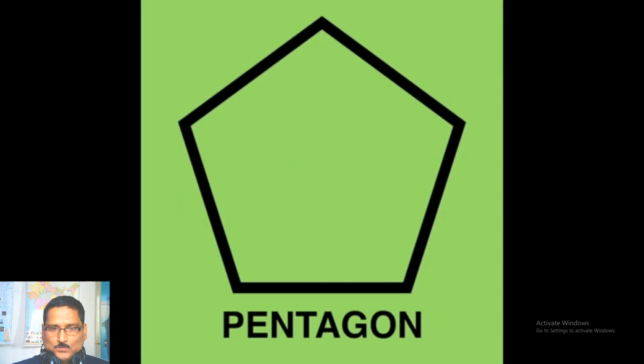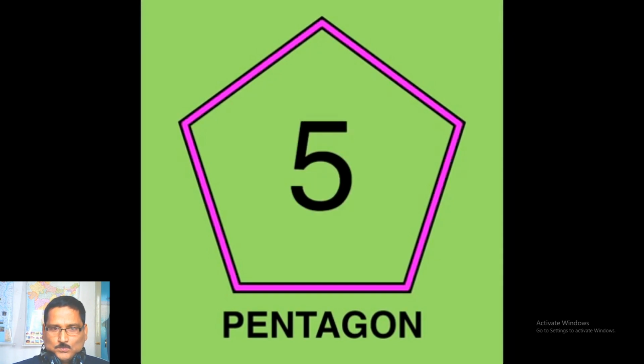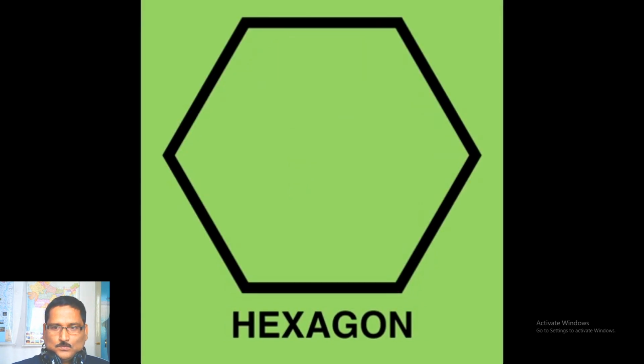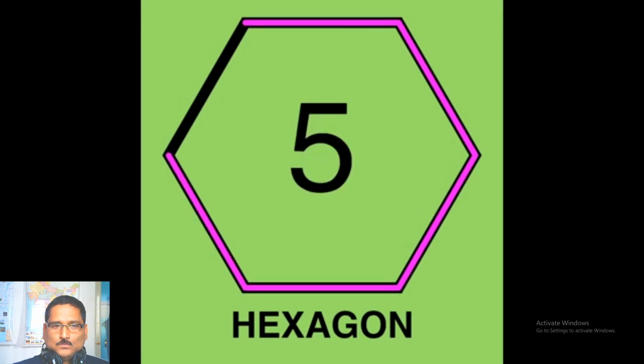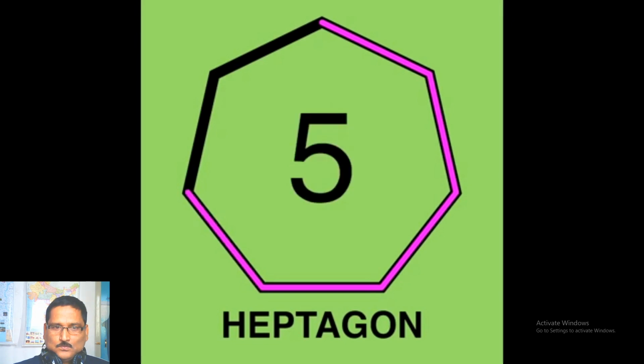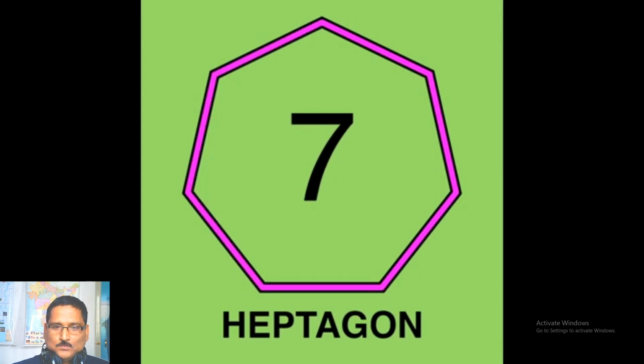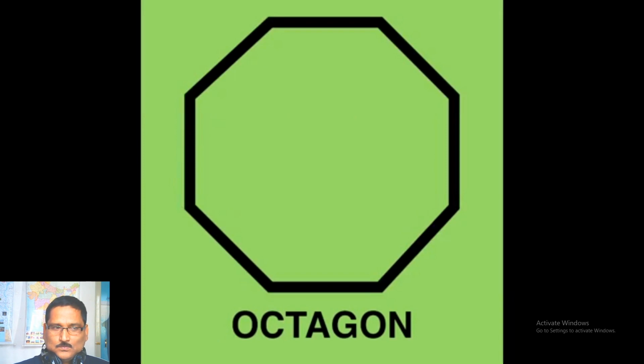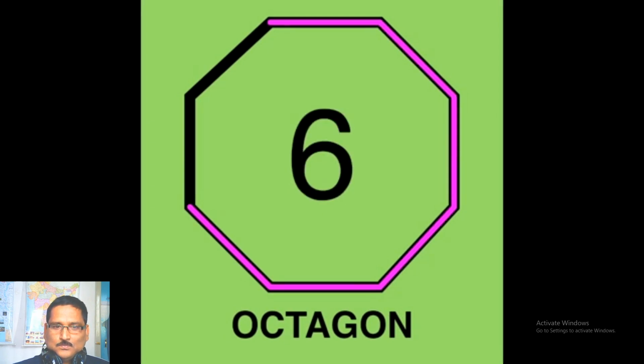Draw a pentagon up in the air. 1, 2, 3, 4, 5. Draw a hexagon up in the air. 1, 2, 3, 4, 5, 6. Draw a heptagon up in the air. 1 to 7. Draw an octagon up in the air. 1 to 8.